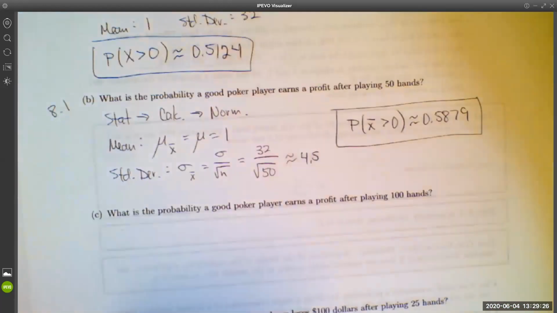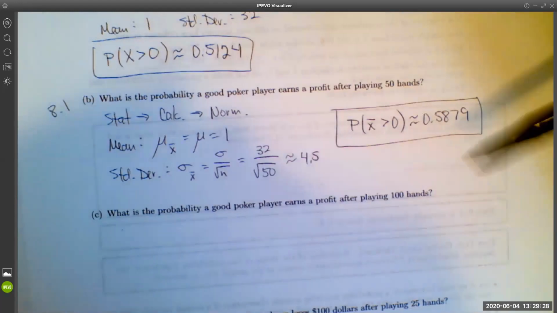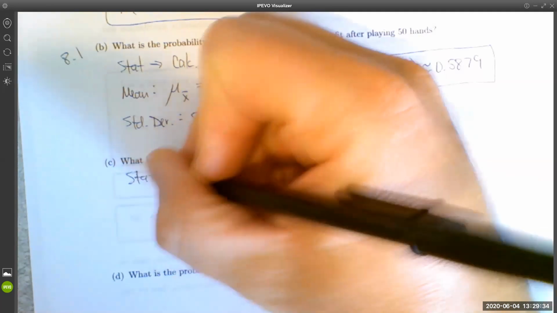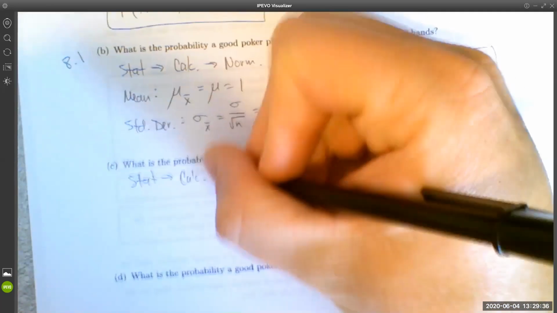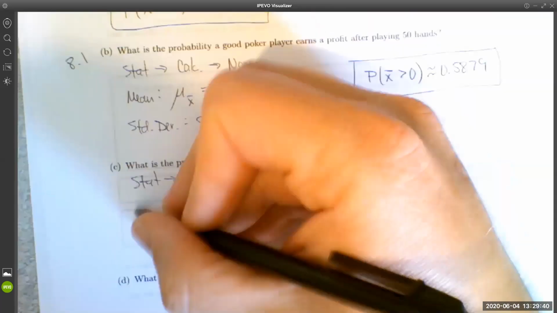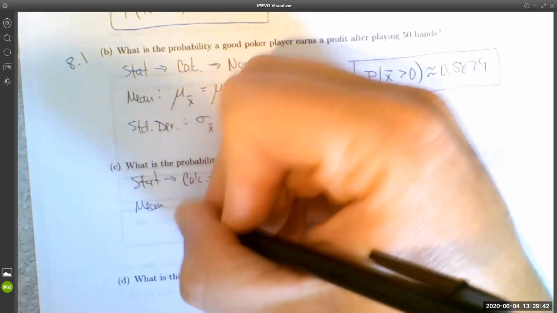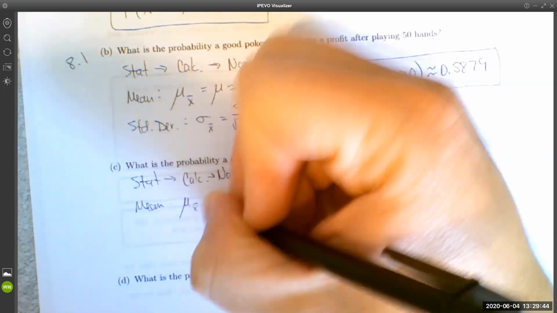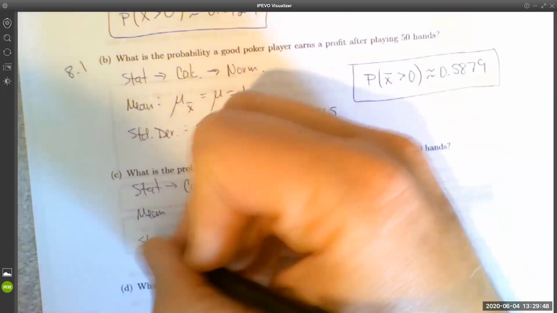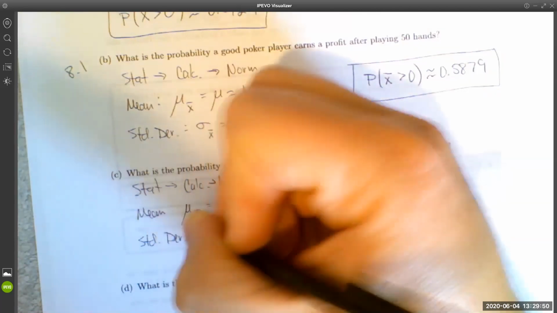It says, what's the probability a good poker player earns a profit after playing 100 hands? Same problem, right? Same problem. Stat, calc, norm. For the mean, we're going to put in 1. For the standard deviation, well, go ahead and pause the video.